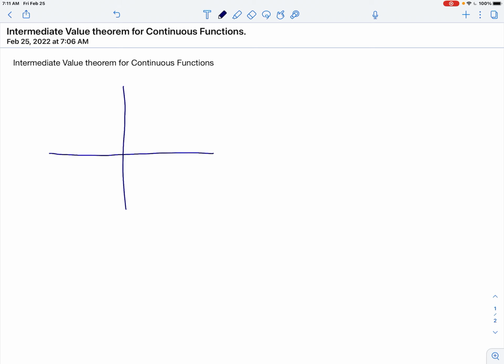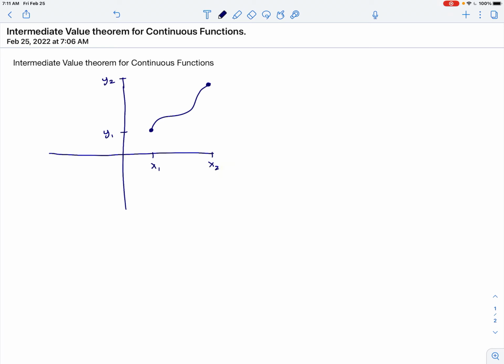So it basically says if you have some continuous graph, let's say from here to here, and it goes from this y value to this y value, and we have an x value here and an x value here.